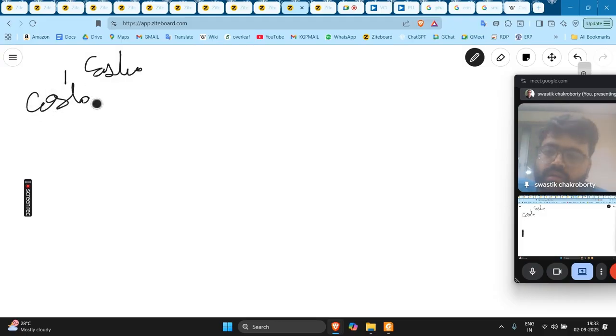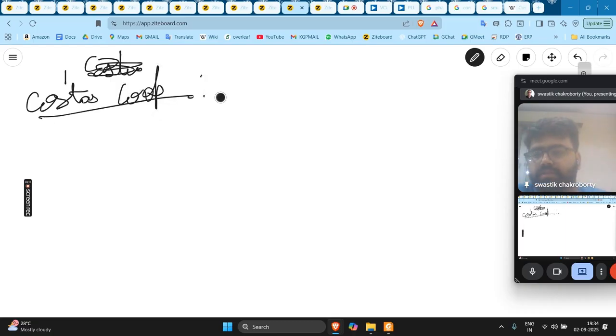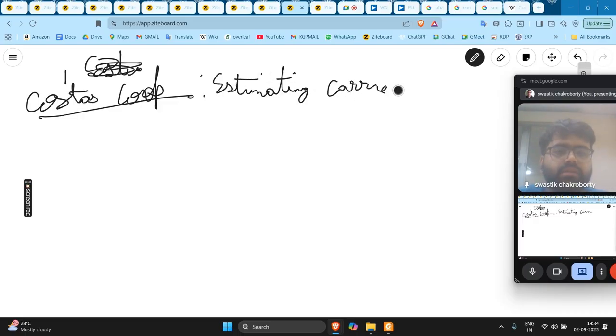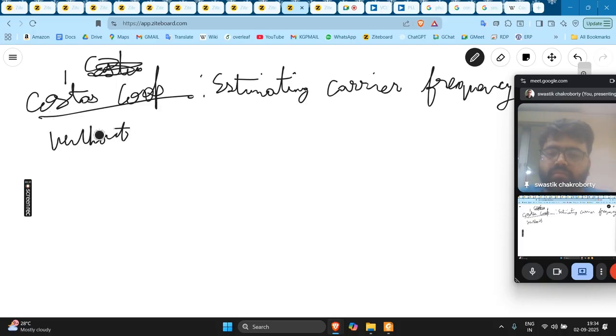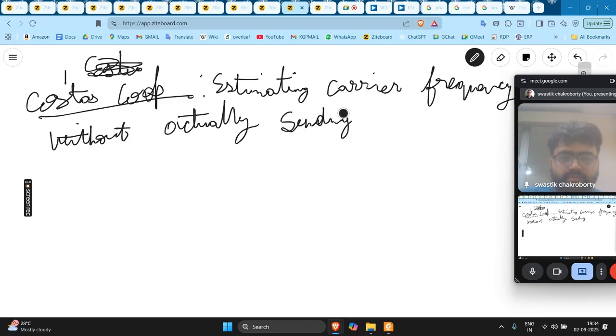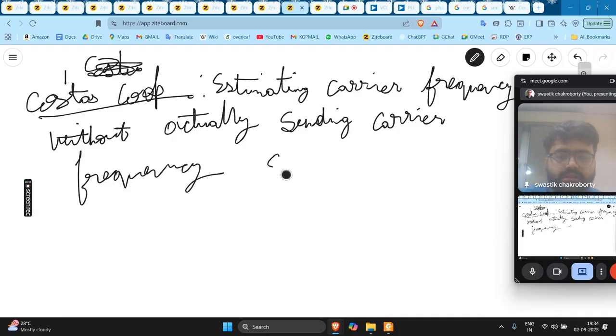Costas loop. The main function of Costas loop is estimating carrier frequency without actually sending the carrier frequency signal.